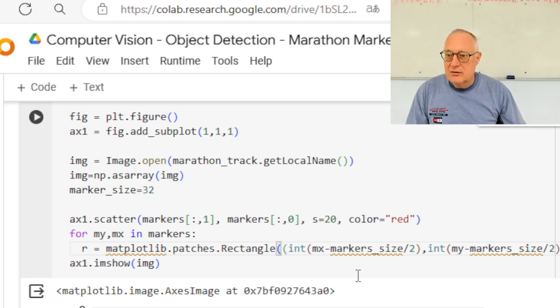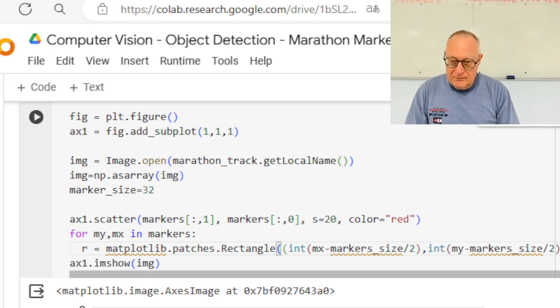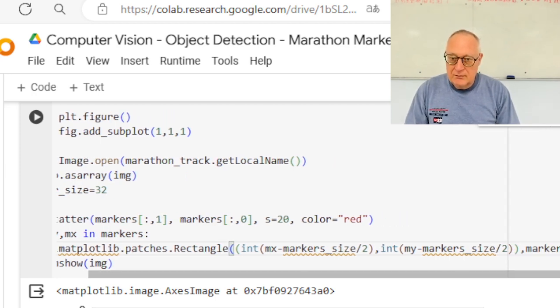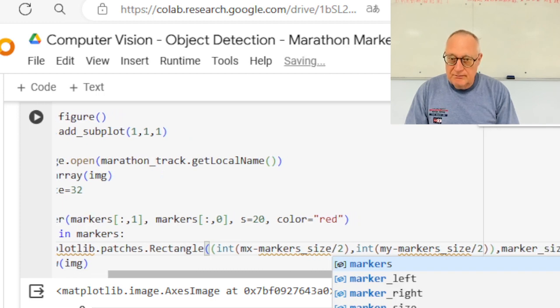Then I think it needs width. So that should be marker size. Marker size.